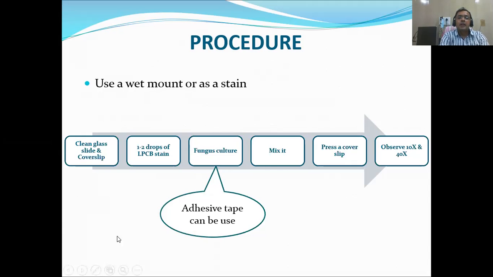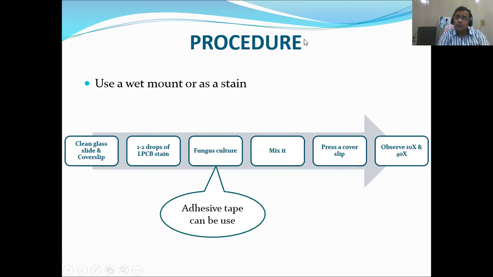This is helpful when it is difficult to pick up your fungus from the plate because it has penetrated inside the agar and it is difficult to pick up with your platinum loop. In such fungi, it is easy to take the sample by using adhesive tape.